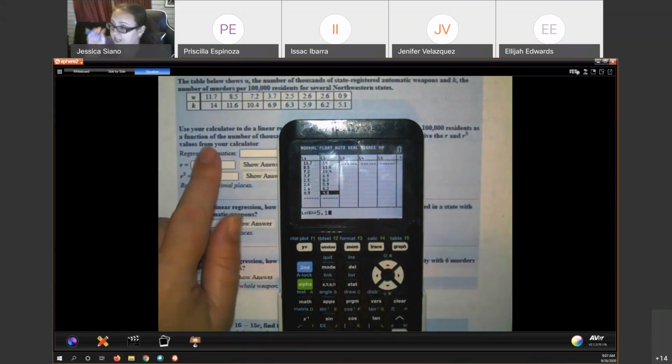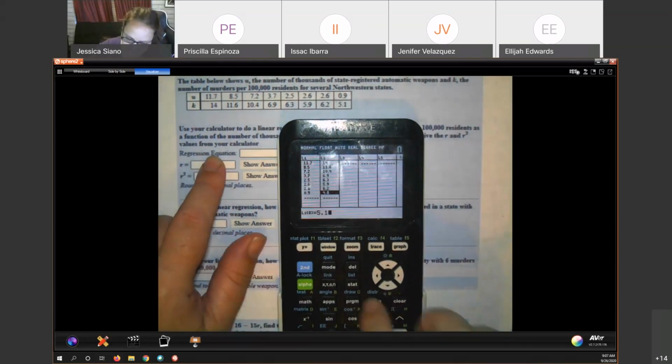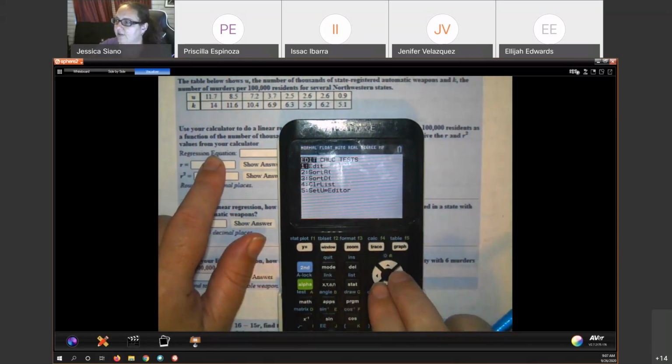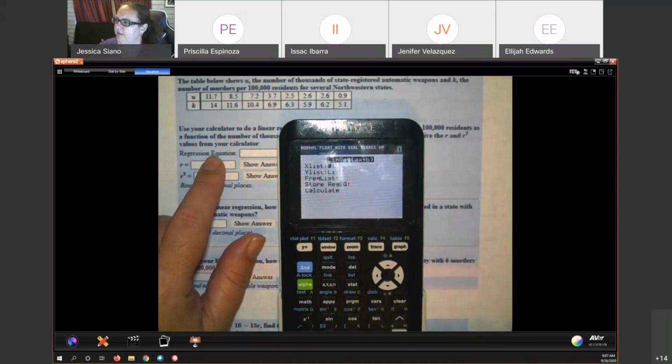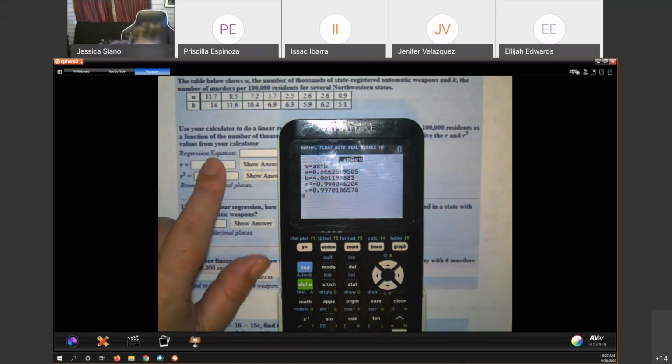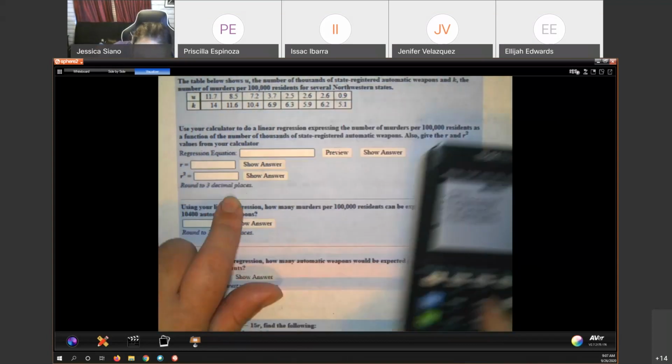Now, to get the regression equation, we're going to go to stat, and then calc, and then linear regression. All of those should be right. Just press calculate. So my regression equation is 3 decimal places.